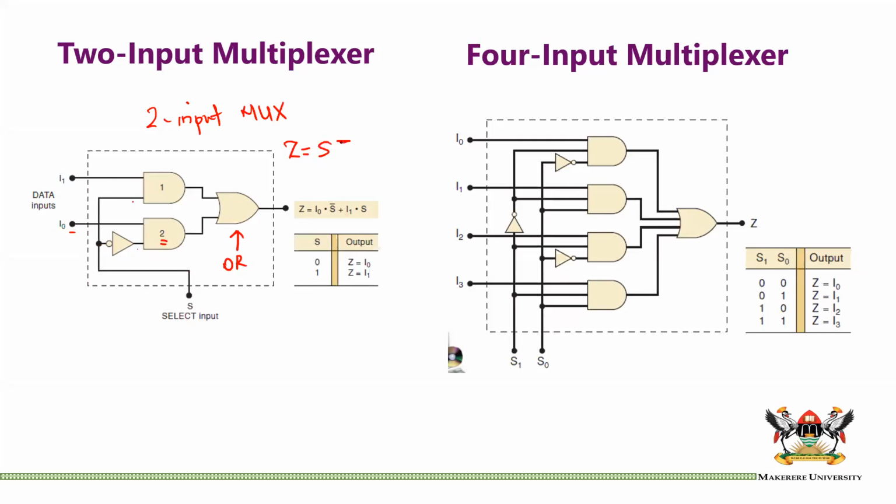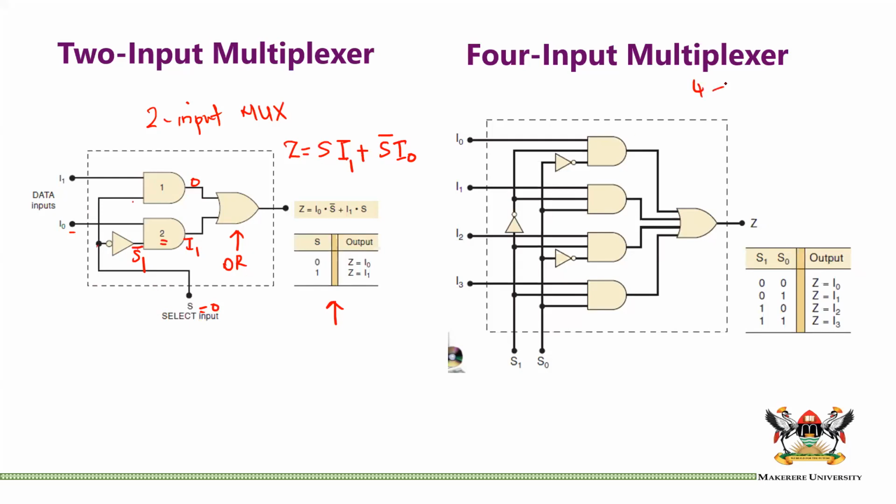We have S I1 plus S inverse I0. And this basically is the truth table that we have looked at. If S is 0, you have a 0 going in, meaning you have a 0 here, and that becomes a 1, so I0 goes through to the output.